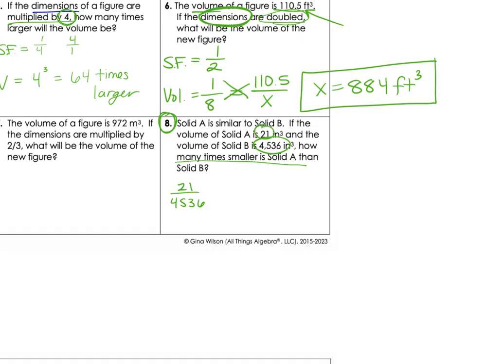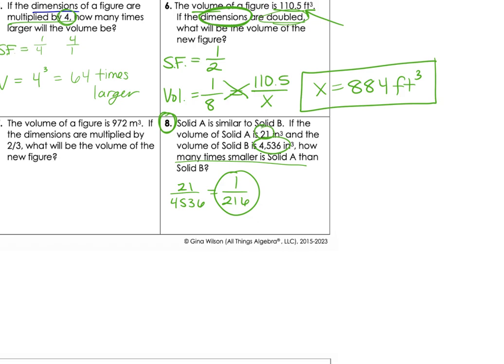So if you do this, 21 divided by 4,536, hit enter, turn it back into a fraction, you're getting this. Remember, you always want to reduce first. Or if you flipped it the other way, it just equals 216 if you do it that way. Okay, so this right now, what does that represent? Is that scale factor, surface area, or volume?